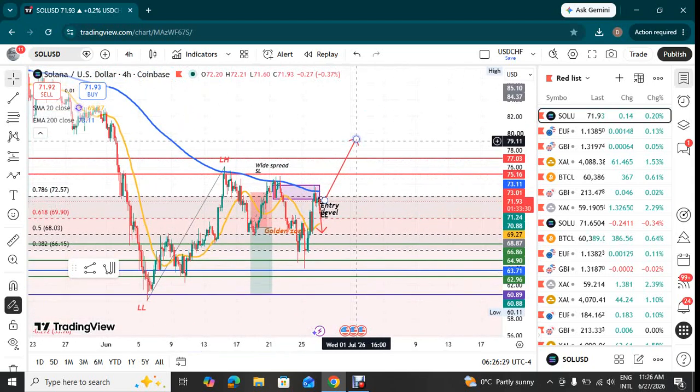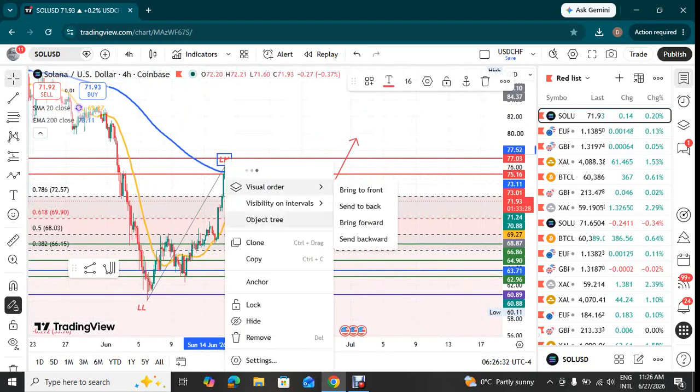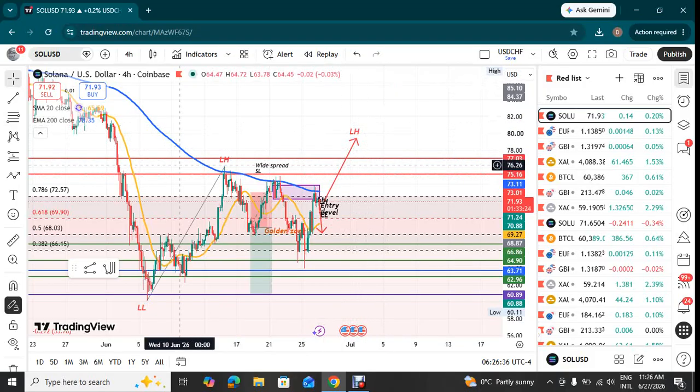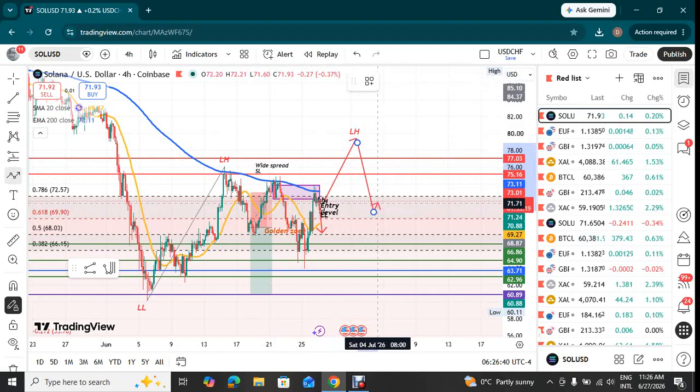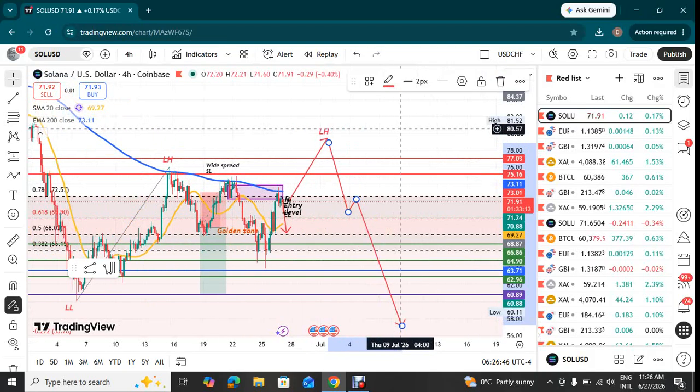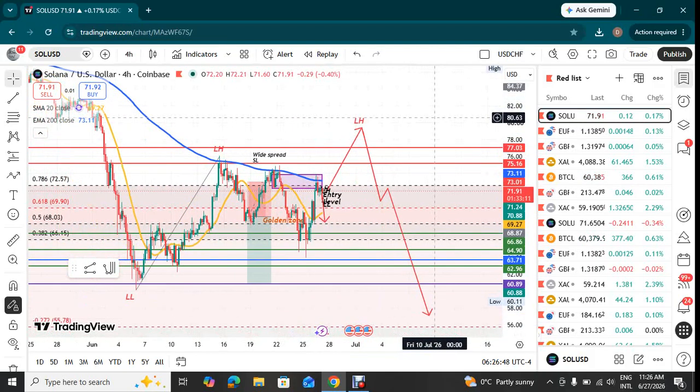So if price comes up towards this level, we're expecting a new lower high at this level here. And if this happens, we need to see price come down into a golden zone, criteria checked, and we sell again towards the downside. So either way, we are ready to take a shot for Solana USD.